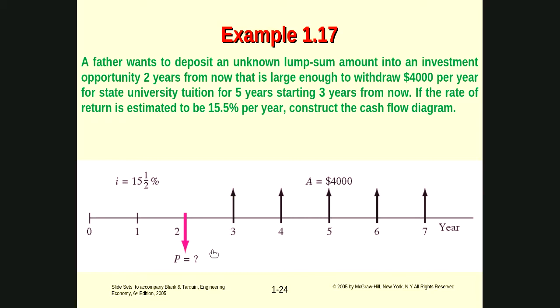So by the time of his graduation the school fees will be with him. So he wants to prepare from now, but he will start the investment on year 2, just a year before school starts. So the investment will return exactly 4,000 every year for 5 years, starting, as the question says, 3 years from now. Now means 0, 1, 2, 3. So you start from year 3.